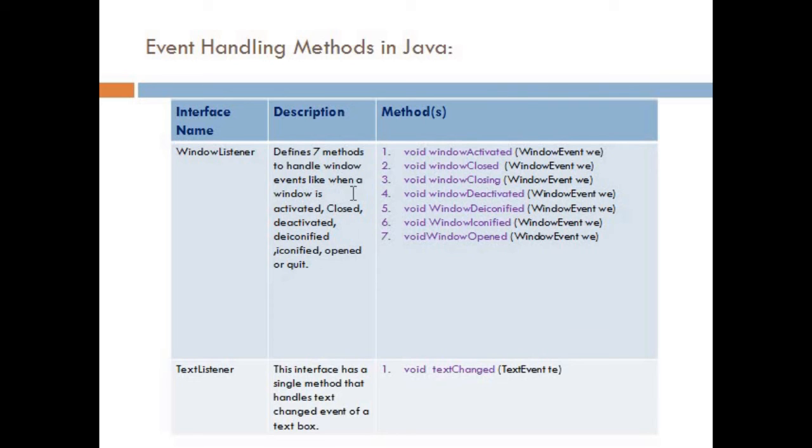For the first event, that is when a window is activated, the method that shall get executed is void windowActivated, where WE is the event message object belonging to the WindowEvent class. Then for the second event, that is the window gets closed, the method void windowClosed shall get executed. For the third event, that is window deactivated, the method void windowDeactivated shall get executed.